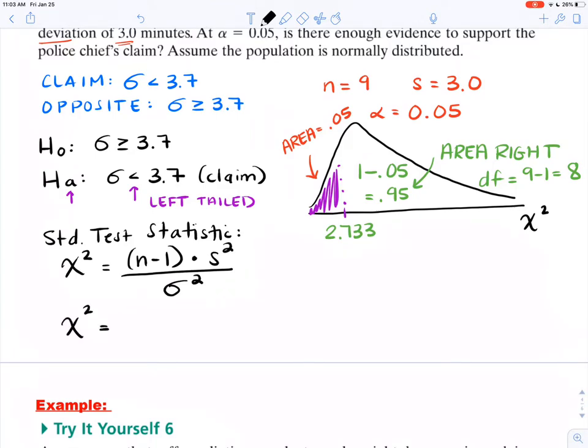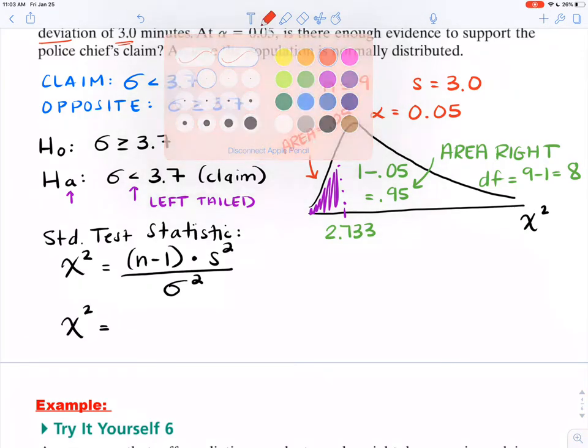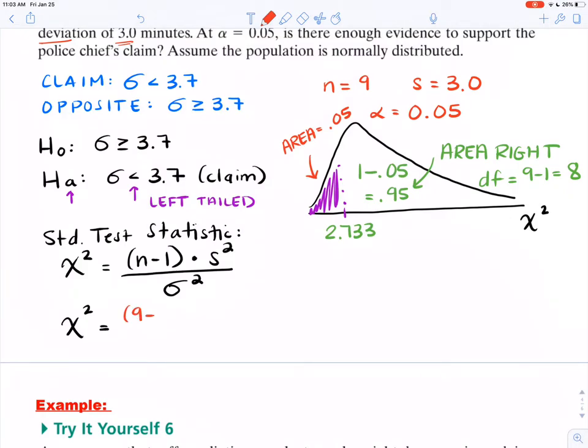All right, so I've got everything that I need here. I'm going to take information from the sample: sample size minus 1. Now the sample gave me standard deviation, which is an unsquared value, so because this is in terms of s squared, the variance, I am going to have to square that here. And the same thing when I'm dividing.